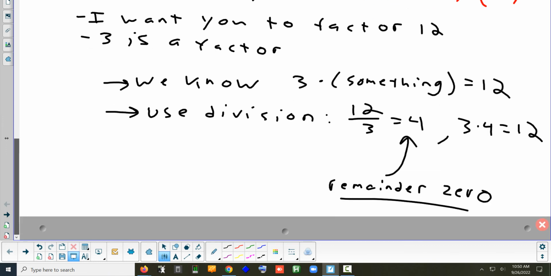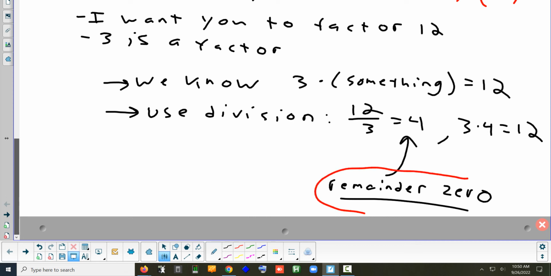The important thing to notice is if you know that a number is a factor, when you divide it, you will get a remainder of 0. If I tried to divide 12 by 5, I get a remainder of 2. That means 5 is not a factor of 12 because you get a remainder.